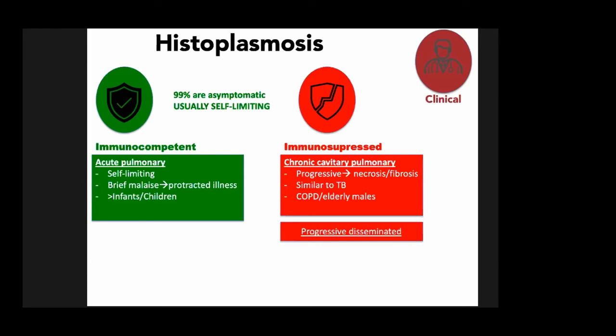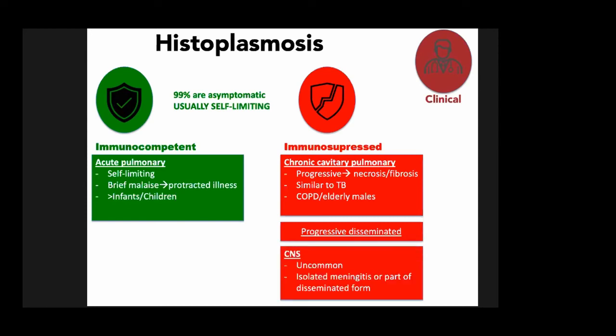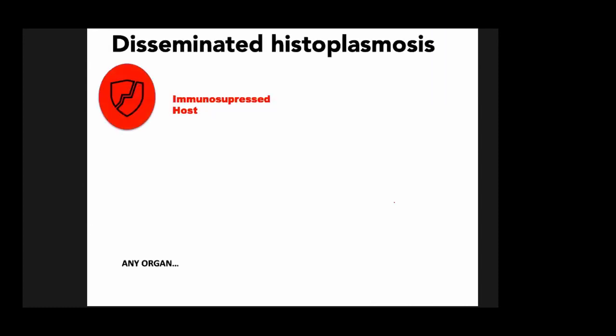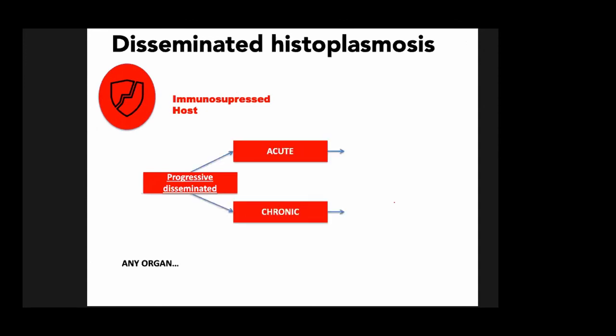And the other two types of disease that you should know in histo are progressive disseminated, which is the one that our patient has, or CNS histo, which can be just CNS histo or can be part of the disseminated form. In progressive disseminated, this can go to any organ. There are two forms.